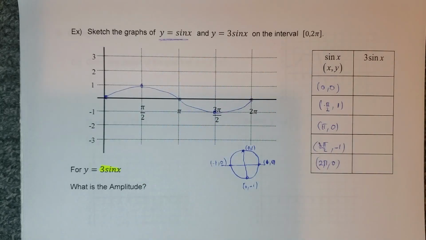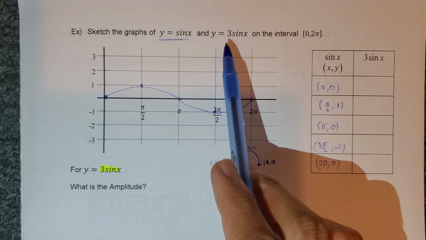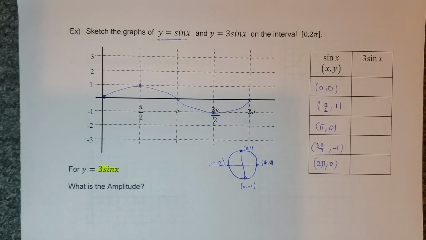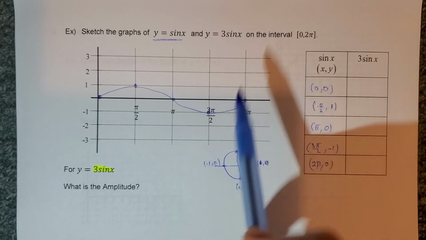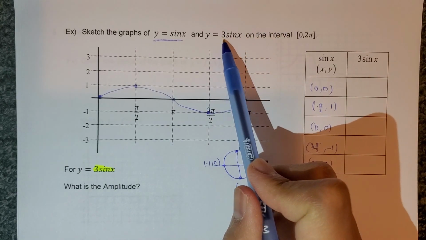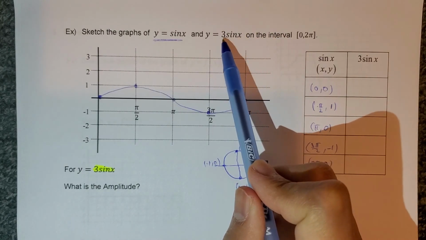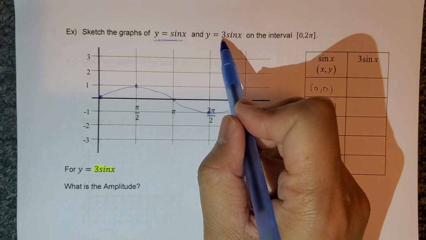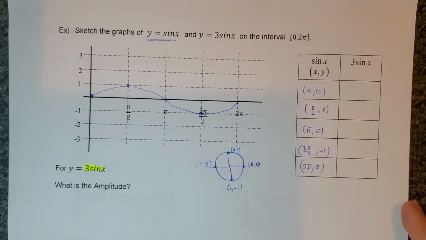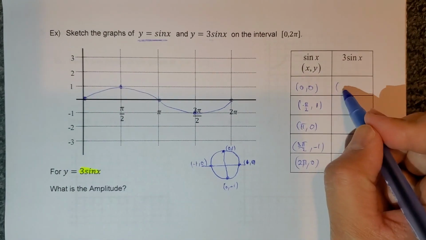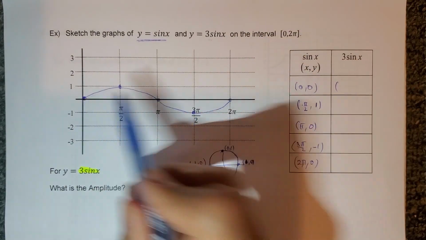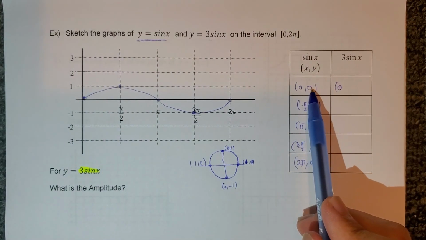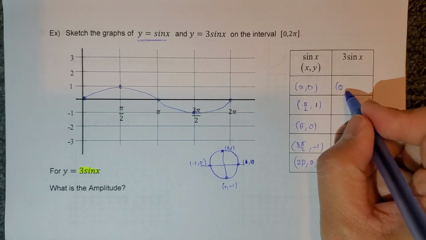Now let's take a look at what happens if you have y equal to 3 sine. The 3 has nothing to do with your angle, it only affects your y value. So your angle stays the same, but the y value changes. At angle 0, the y value is 0, and 0 times 3 is still 0.